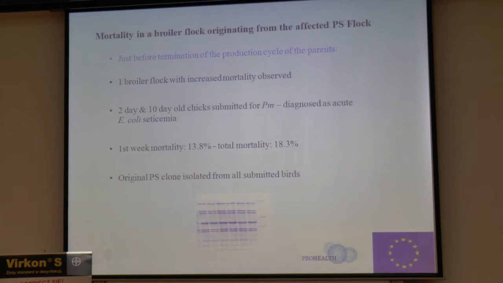From these late houses, from the broiler breeders, we saw late in the production cycle that one broiler flock originating from this farm really had increased mortality, and it was diagnosed as acute E. coli septicemia, with very high mortalities, and again, this original parent stock clone was isolated from the broilers. So again, we have accumulated evidence that vertical transmission from the broiler breeders is very important.